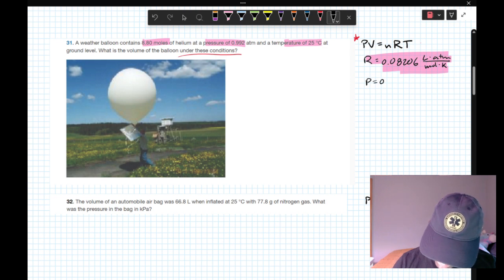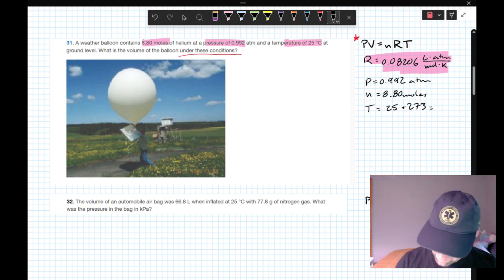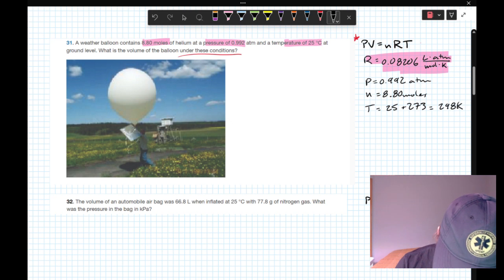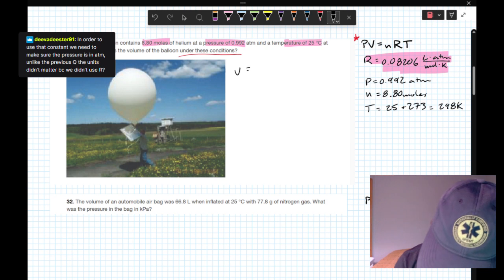We're given a pressure in atmosphere. Great, don't have to do any conversions there. We're given a quantity of 8.8 moles, and we're given a temperature of 25 Celsius plus 273 Kelvin, which gives us 298 Kelvin. Now we can solve our problem for volume. We simply divide both sides by pressure to get it to the other side.